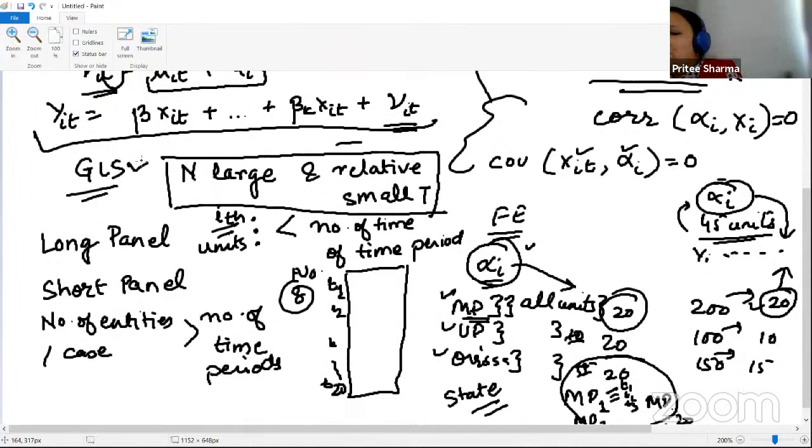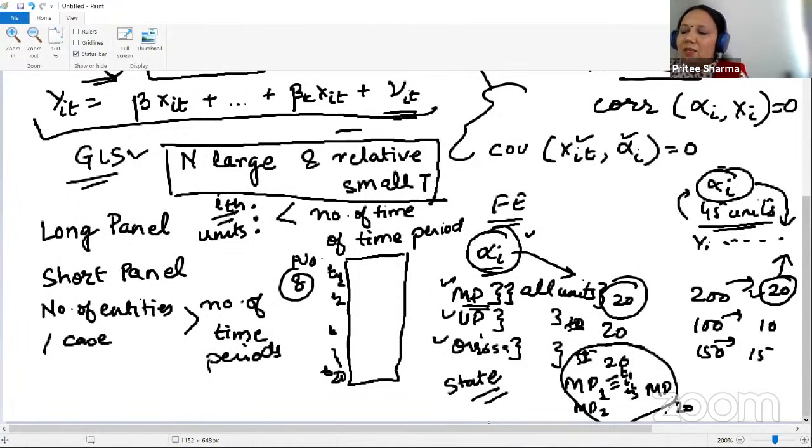Now, in case of the random effect model, what we are basically doing is introducing a composite error term.